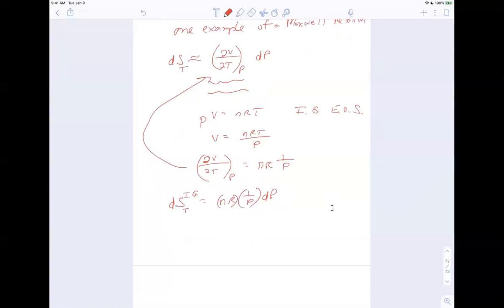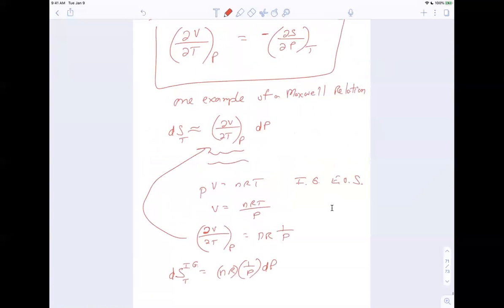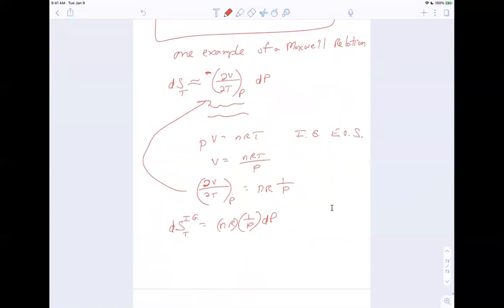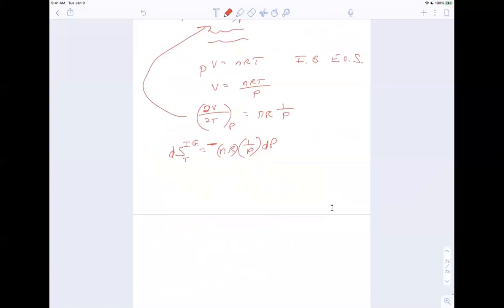Is the dS supposed to be negative? Because you had the negative at the top. Oh, you are right. Thank you, sir. Exactly. Good job. Yeah, it's negative. You are exactly right. So the negative there, and so I have to have a negative here. Thanks, Sheldon. Good. Thanks for pointing that out.